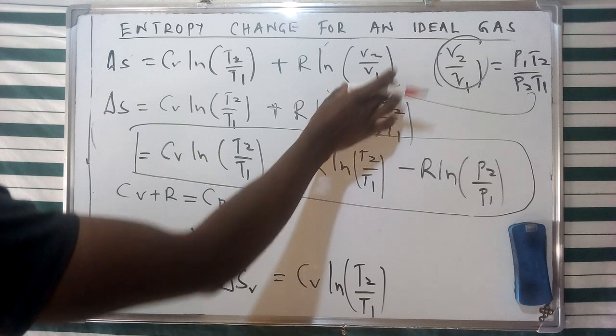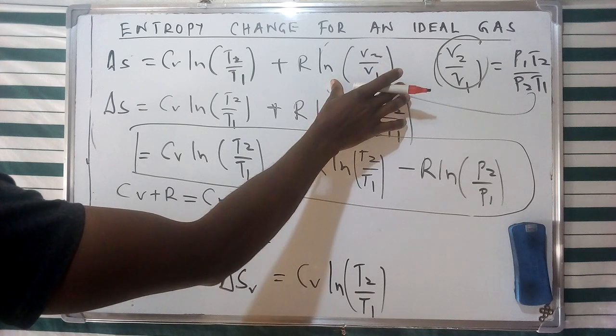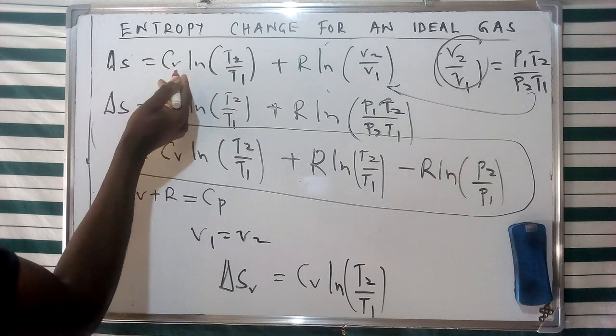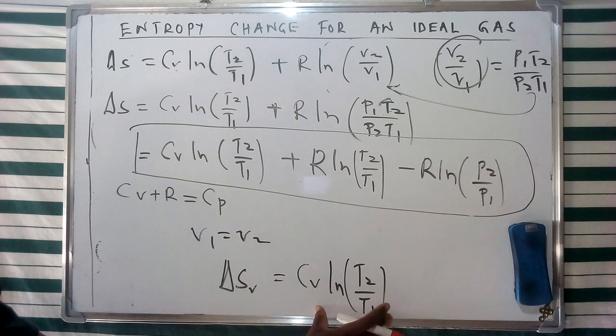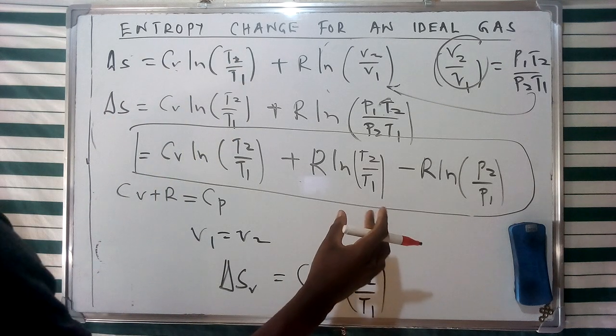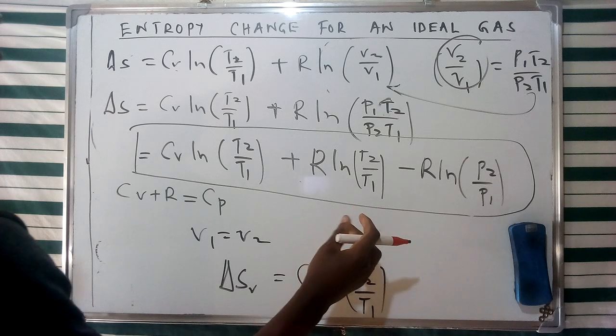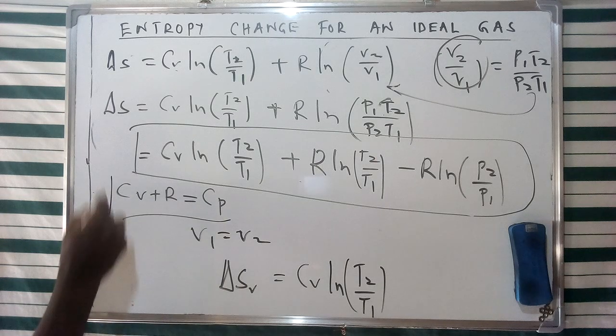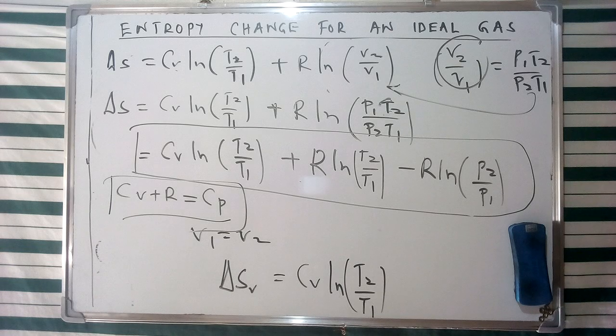So if we do a substitution for V1 equivalent to V2, this is going only to remain with this one under constant volume, which is a Cv, a version of this. If we have constant pressure, then we're going to represent this one, which is going to be an isobaric process. Then we're also going to have only the Cp being represented from this specific relationship, whereby we said it's going to be Cp natural log of T2 over T1.